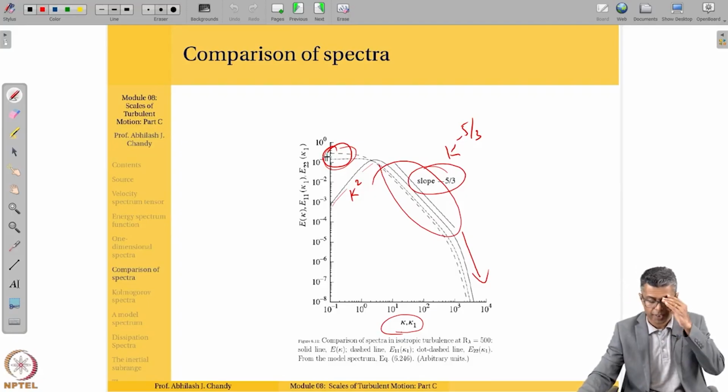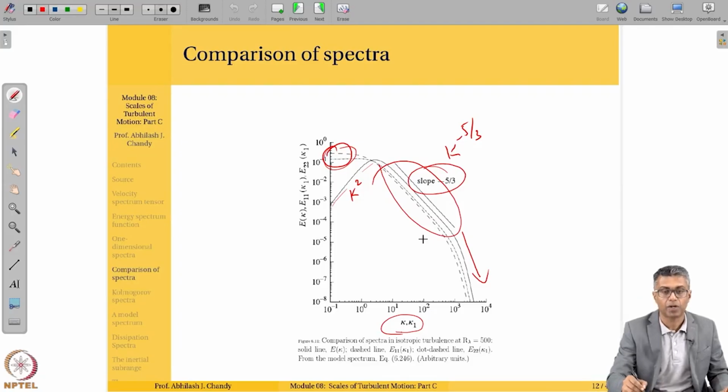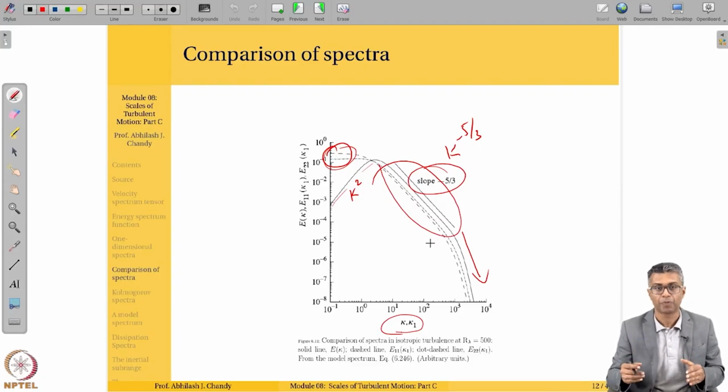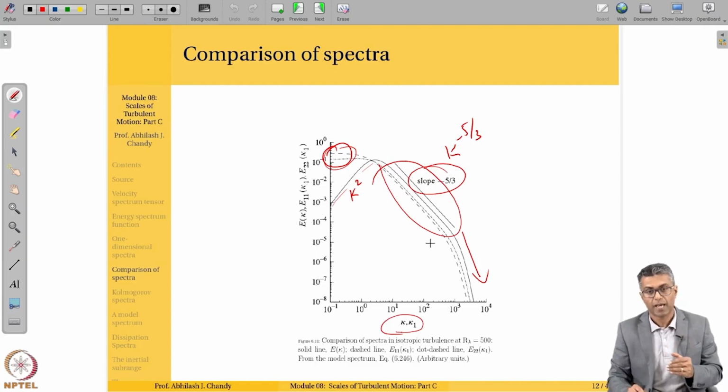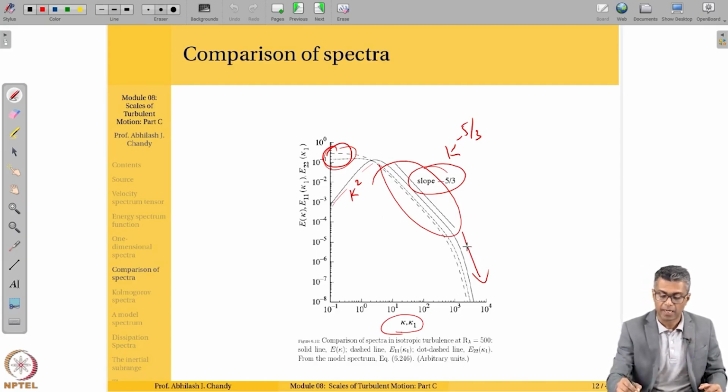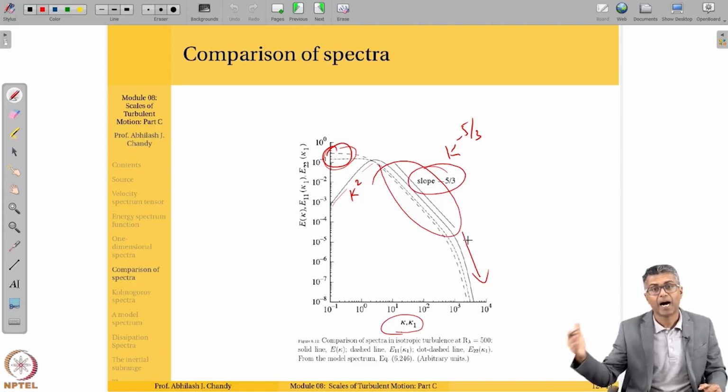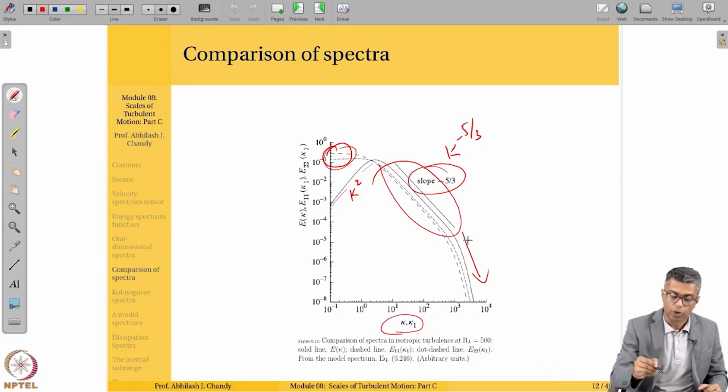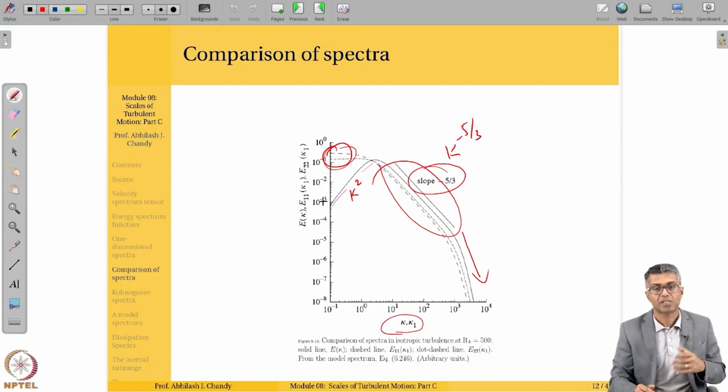The main point is they have an identical slope in the center of the wave number range, that is the minus 5/3. Then they decay much faster at high wave numbers, and at low wave numbers they vary as kappa squared. So I hope this is clear now. In the next class we will deal with the model spectra and focus more on the E of kappa. Thank you.